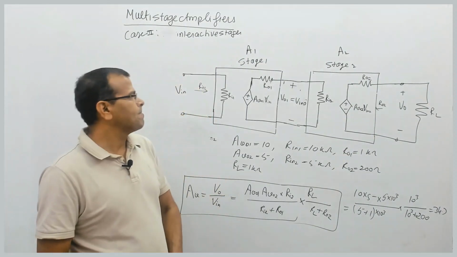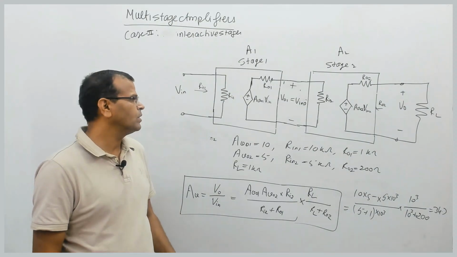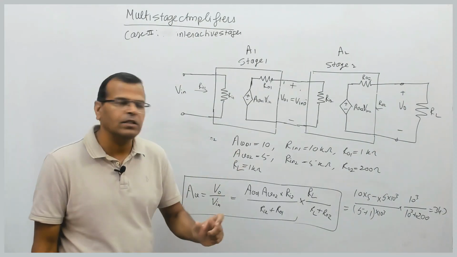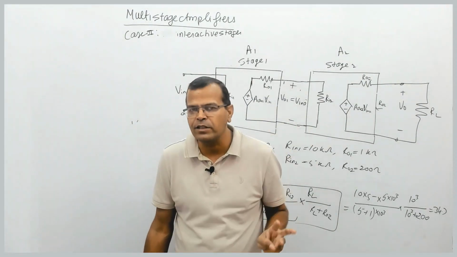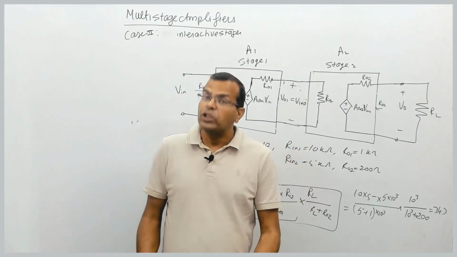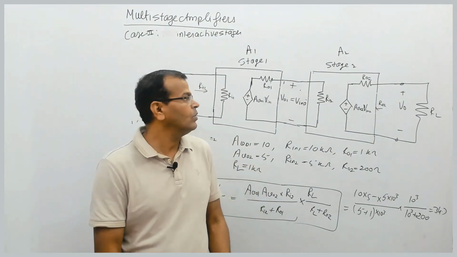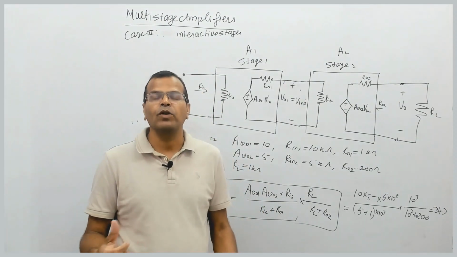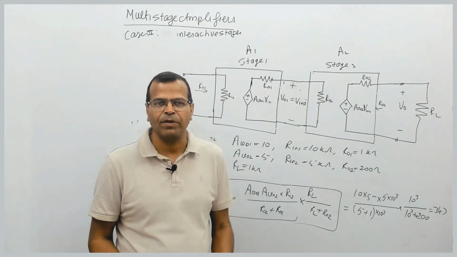I hope the concept is clear, and you will be able to handle this type of numerical, whether it is in engineering services, civil services mains, or engineering services prelims or mains. So this is all about the voltage gain, current gain, and power gain of a multi-stage amplifier.